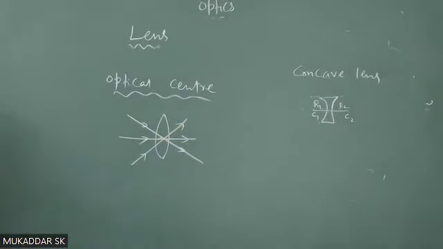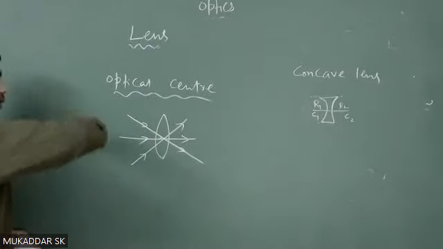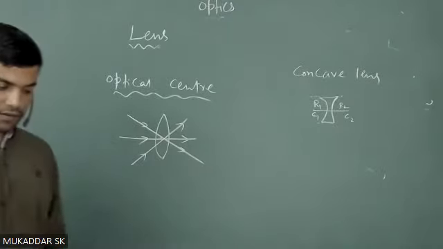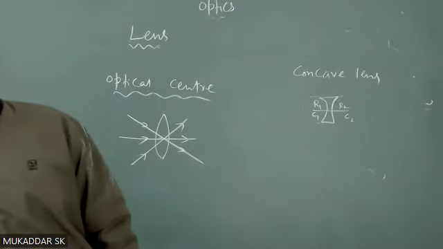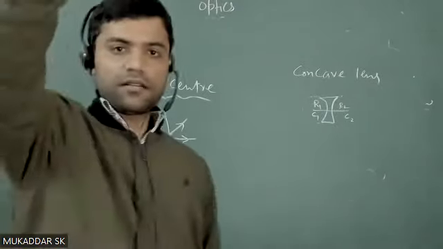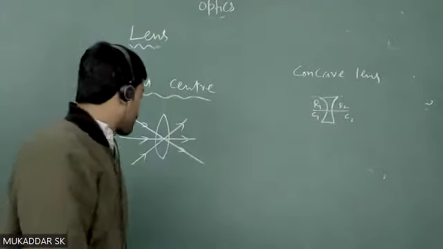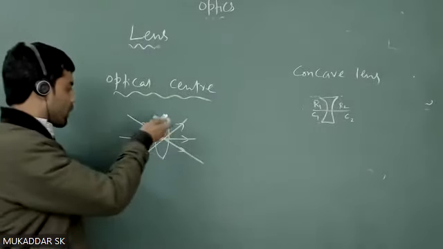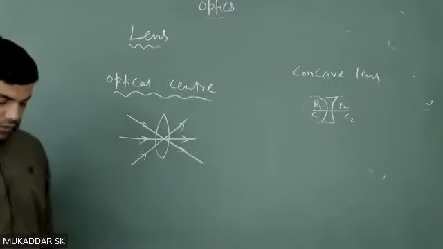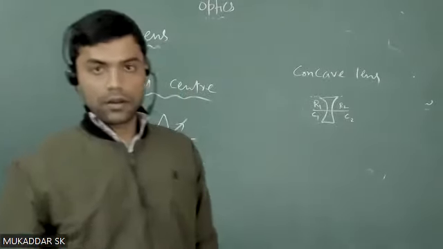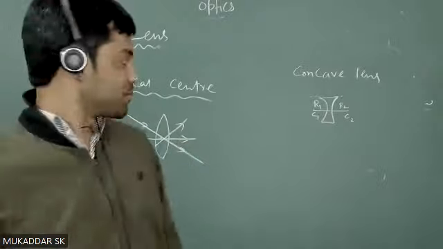It will always travel in a straight line. And for a thin lens, the optical center will actually be at the middle point of your lens.